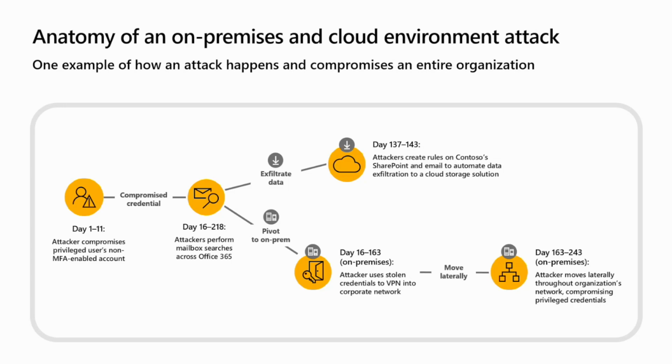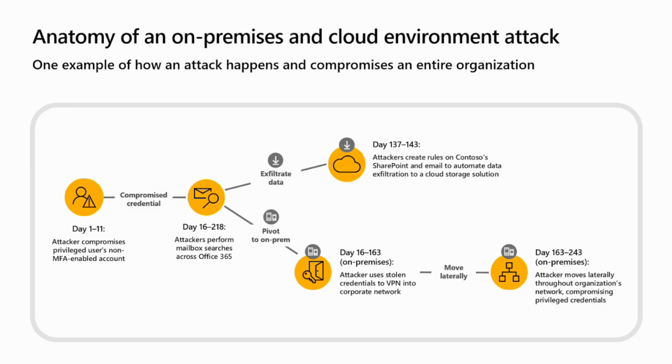This gave them access to the cloud environment, but they also found a way to pivot into the on-premise environment. The attacker found VPN credentials as part of the email search and used these to log on to the on-premise environment. Once there, they were able to gain access and move laterally to further compromise the environment.